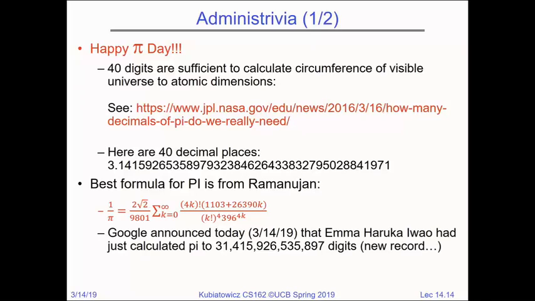And Google announced today, clearly because it's the most revered of days, that one of their employees had just calculated pi to, are you ready for this? 31,415,926,537,897 digits.